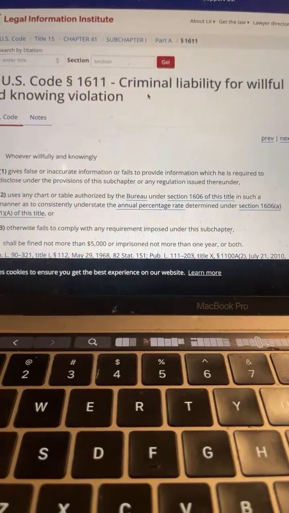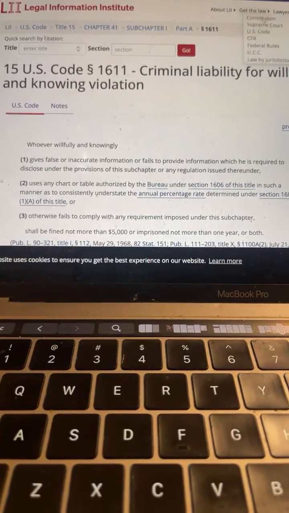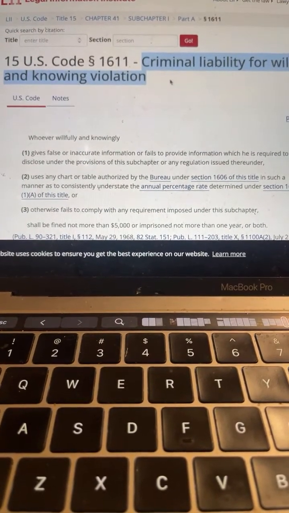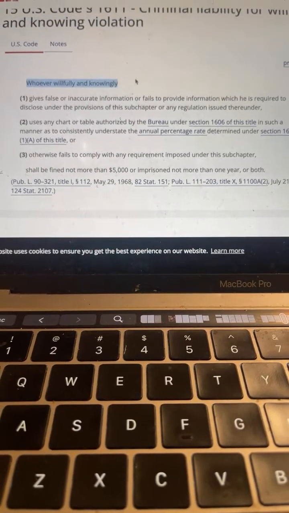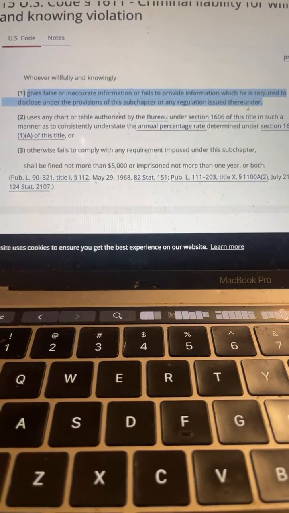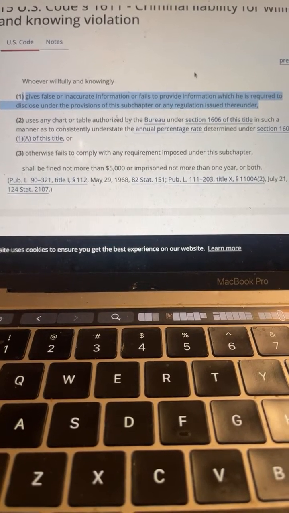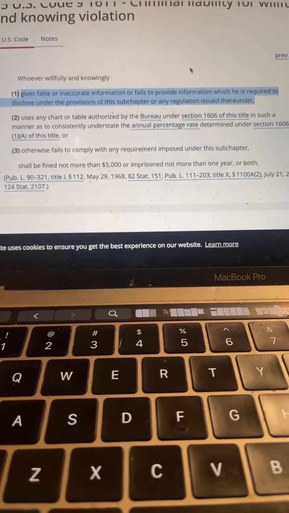Okay, so now this also goes hand in hand with it. It's 15 USC 1611. So this is consumer law code number 4, and this is criminal liability for willful and knowing violation. Right? So this is whoever willfully and knowingly gives false or inaccurate information or fails to provide information which he is required to disclose under the provision of this subchapter or any regulation issued thereunder.